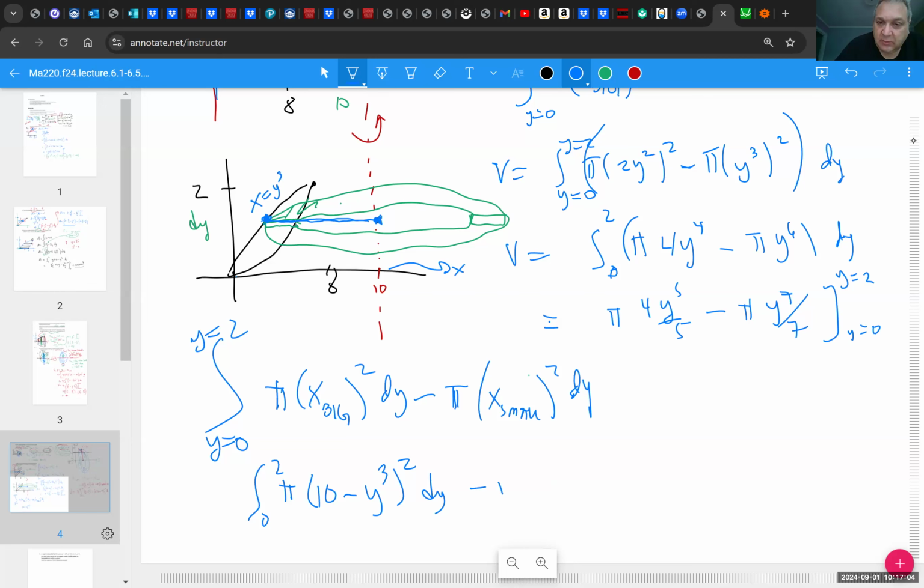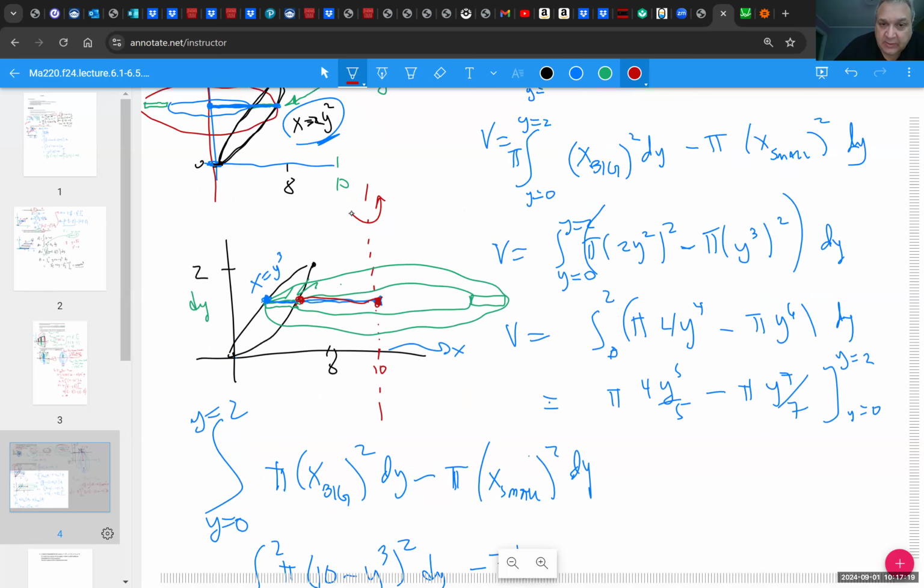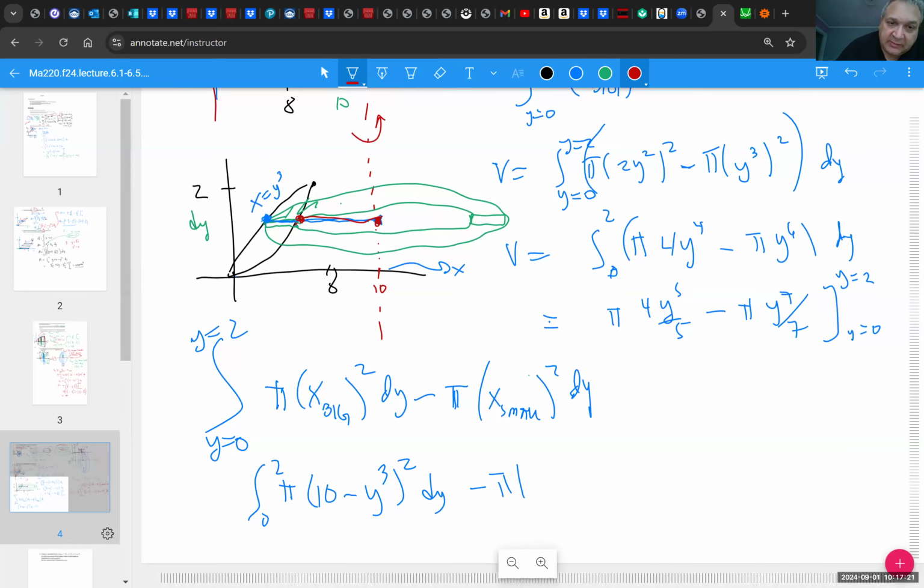What about for the small one? For the small one, I'll use red. I go from the center to here. Well, where is here? Here is given by this bottom function. What's the bottom function again? Oh, it's 2y squared. So this one here is x equals 2y squared. So it's going between 10 and 2y squared. That's the distance in the x direction. That's the small radius, right?